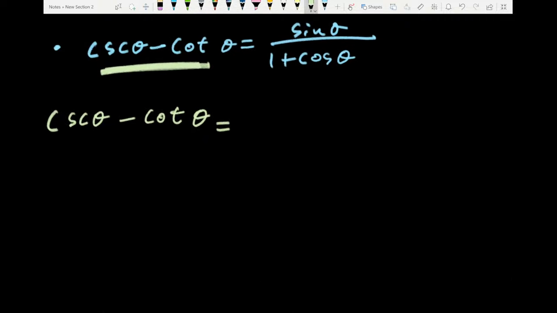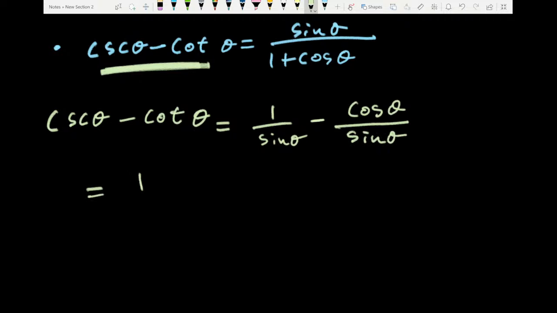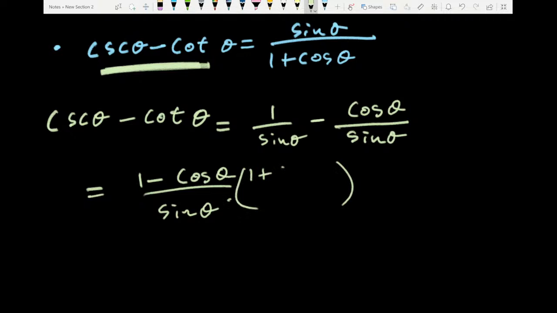Well, what can I do? I could rewrite it as 1 minus cosine of theta over sine of theta. It has the common denominator. This looks like sine of theta over 1 plus cosine of theta, but it's the reciprocal of it, but there's that negative there. So how do we go about doing that? Well, let me multiply the top and bottom by its conjugate.